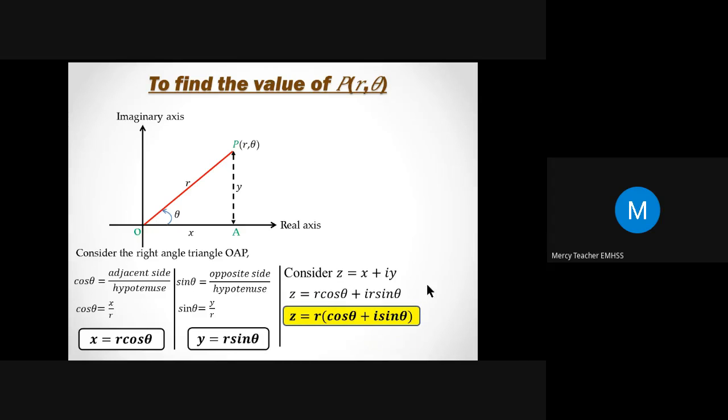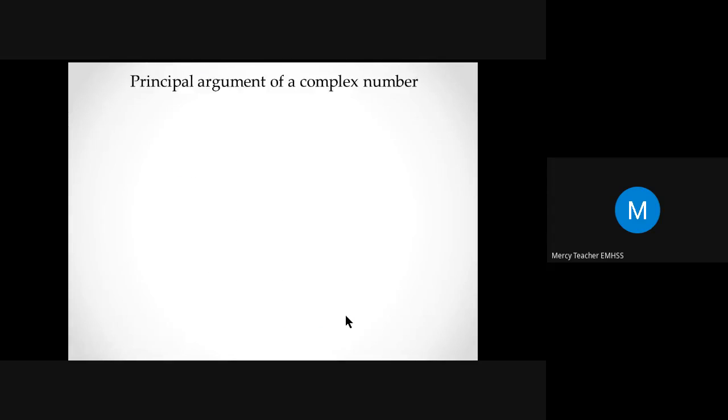It is r. You can take it outside. So z is equal to r into cos theta plus i sin theta. This is equal to P of r comma theta. So P of r comma theta means z is equal to r into cos theta plus i sin theta, which is the polar form of the complex number z.